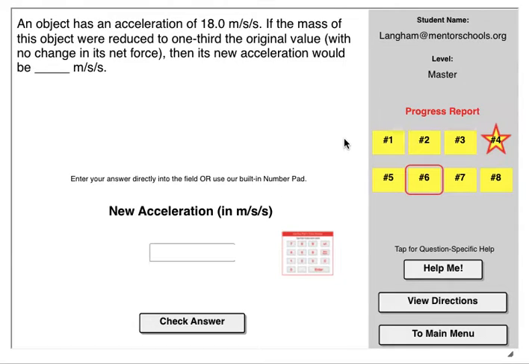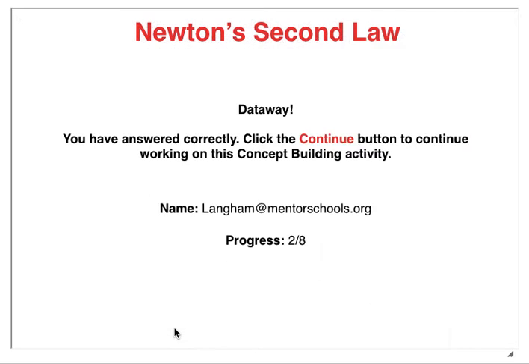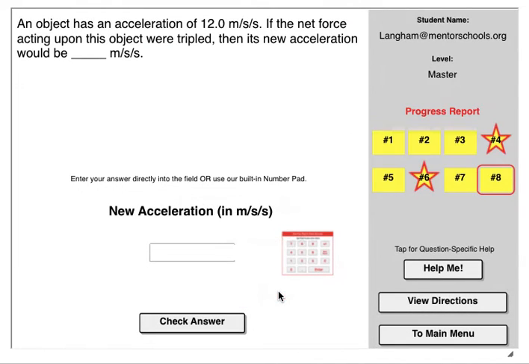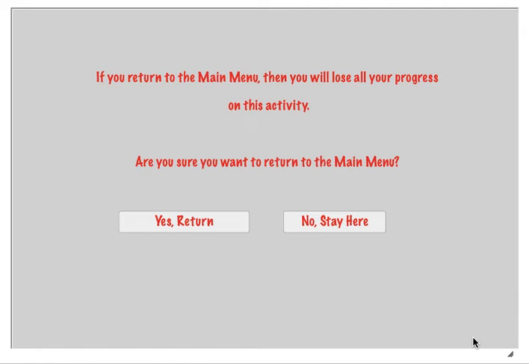If the mass goes down by 1/3, we take that reciprocal. We flip the 1/3, and now we have 3. That means the acceleration is going to go up by 3 times. So 3 times 18 is going to be 54. And we're good again.